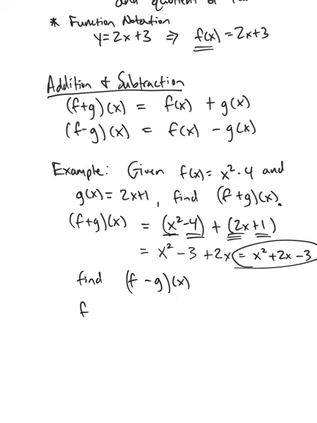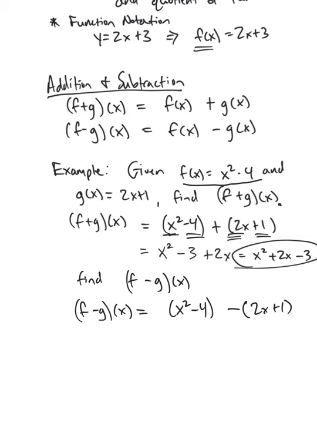So f minus g of x, recall, we take the f function, x squared minus 4, and we're going to subtract the g function, 2x plus 1. A subtraction is a little tougher.